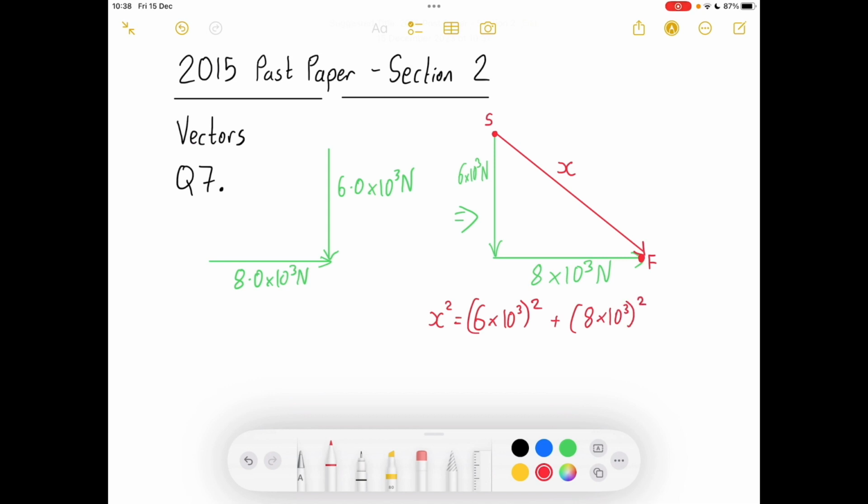This is where you need to watch your powers. Don't get them tangled up. I've put in my brackets just to make it a lot easier for me to see and distinguish what we've got. If you prefer, change 6 times 10 to 3 to 6,000, or 8 times 10 to 3 to 8,000, that's perfectly okay. Then you need to get X by itself, or whatever letter you've got, so I'm just going to do the square root of everything up here.